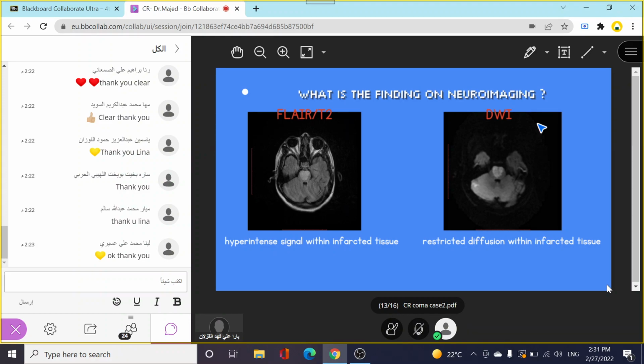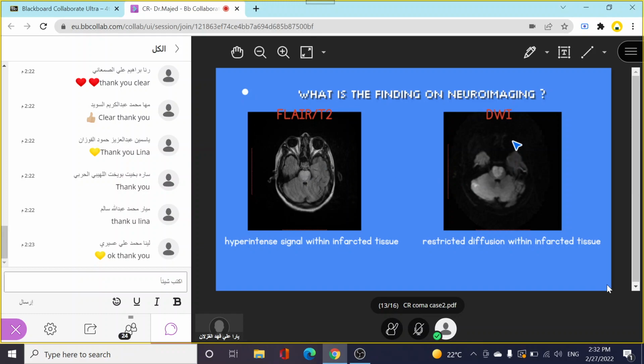The MRI, first, is the FLAIR T2. The FLAIR T2 will show hyperintense signals with the infarcted tissue. Unlike the CT, here it is lighter than the rest.